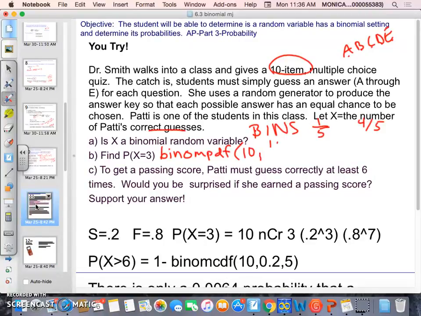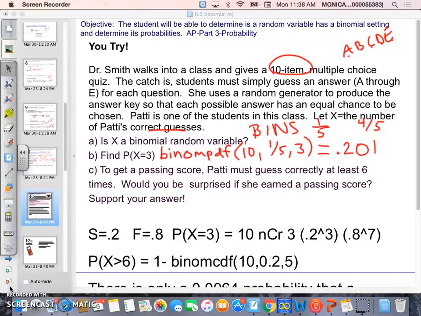The probability of success is 1 out of 5. And you want to know if she can get 3. When you type that in your calculator, you should get 0.201. So there's a 20% chance that she's going to guess correctly 3 times.